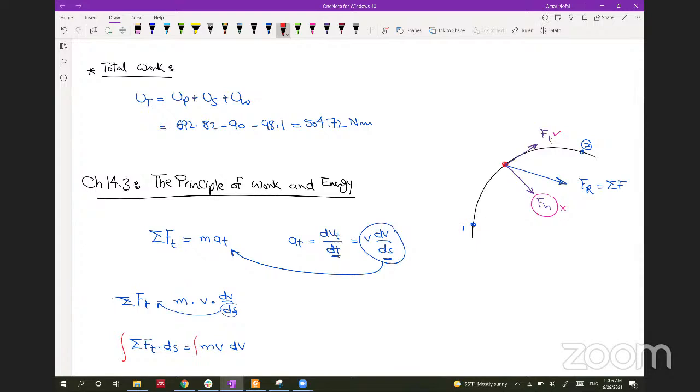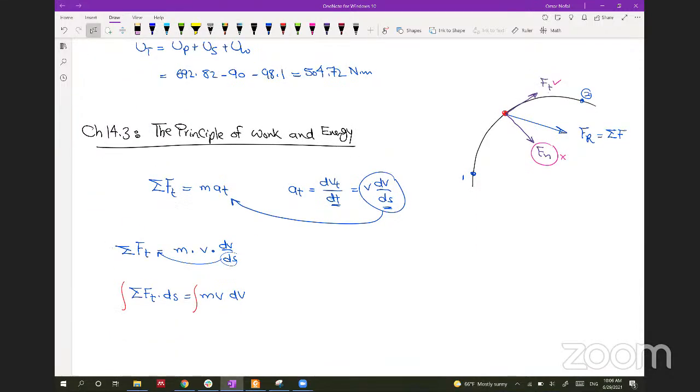If we integrate the left and right hand sides, the integration here is from S1 to S2 because we have ds, and here from V1 to V2 because we have dv.